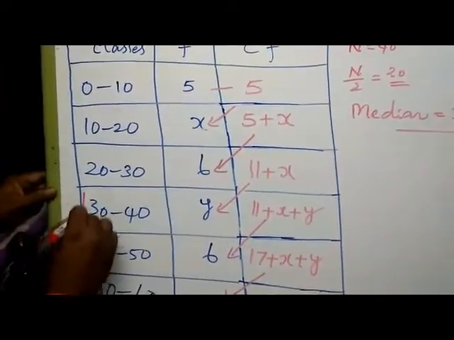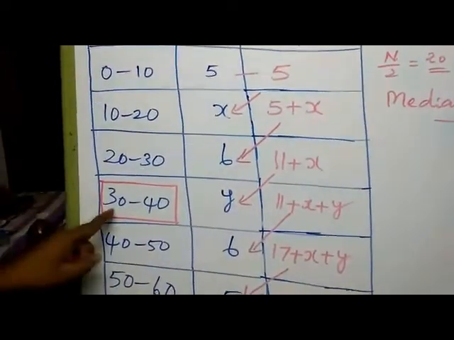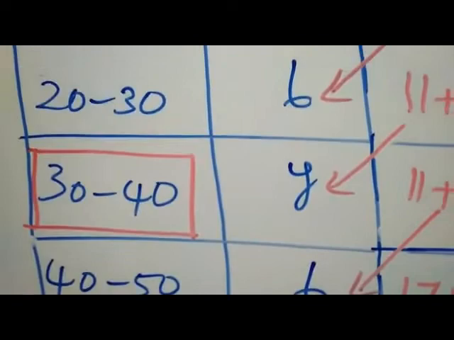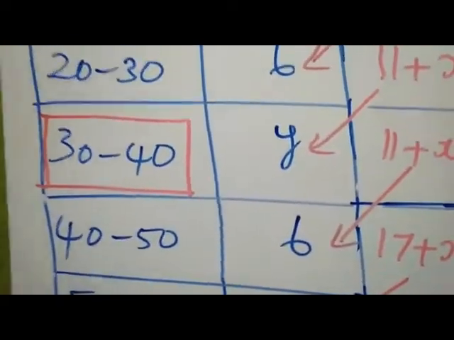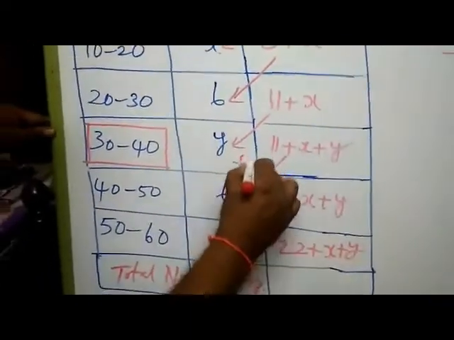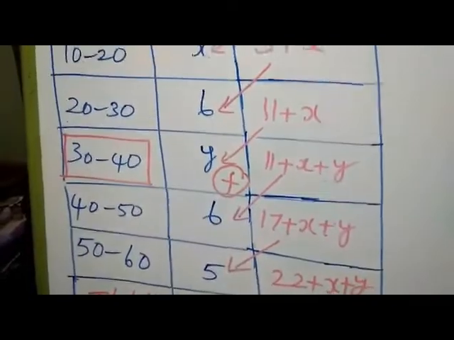That's why this is the median class. Median class is nothing but 30 to 40. Why? Because median is 31. Now automatically the frequency of this median class is nothing but f. That frequency only we have to take in the formula.